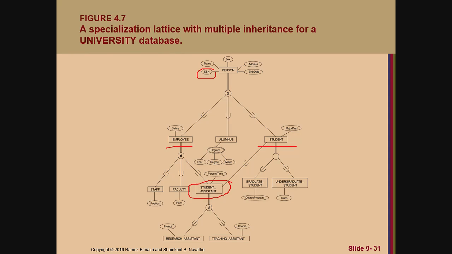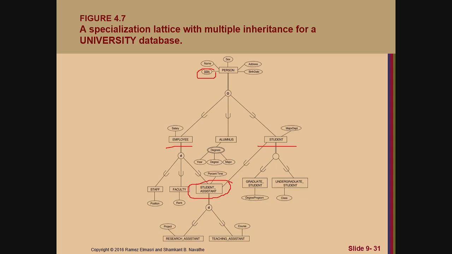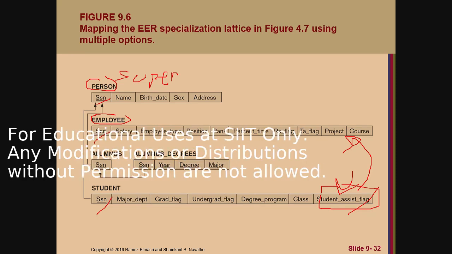Now we have to find the other attribute. The other one, which one? Percent time. Let's see, percent time. Oh, where is it? It's gone. So sorry about that.